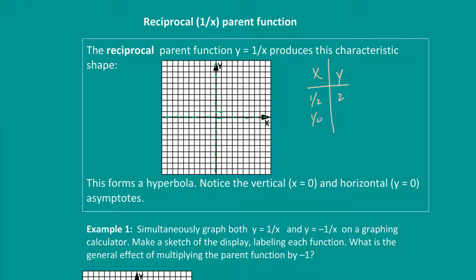As this is 1/4, this would become 4, so on and so forth. This gets larger and larger. So as my x gets smaller and smaller, my y gets larger and larger. So that gives me this curve there, and it hits that point there. And then as my x gets bigger and bigger, my y gets smaller and smaller. So it happens like that.